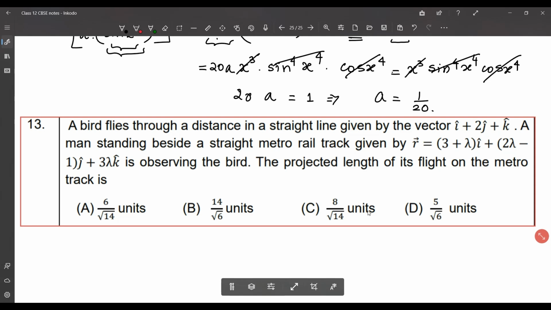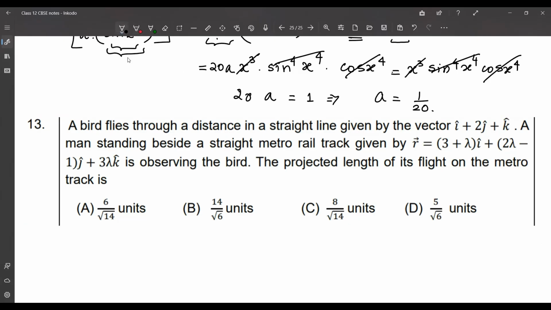The projected length of its flight on the metro track is. So we can take this vector as a vector. Its flight, so this is the bird's flight. It means "its" here refers to the bird's flight.